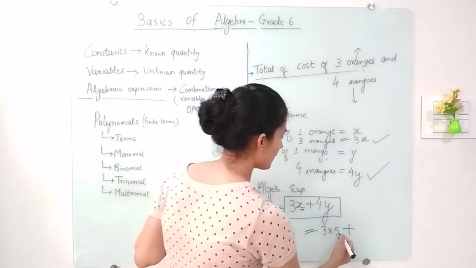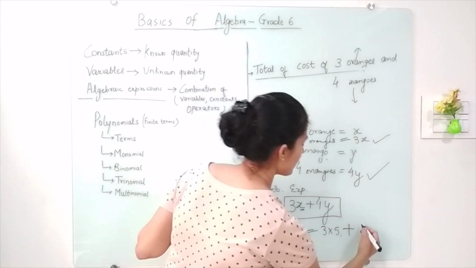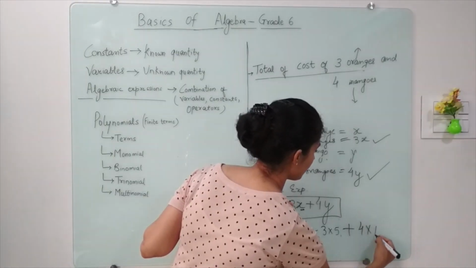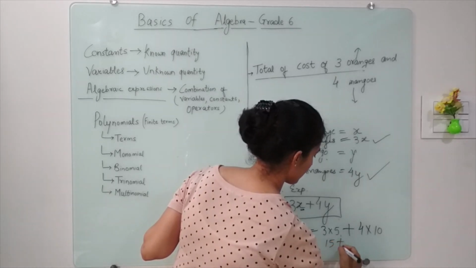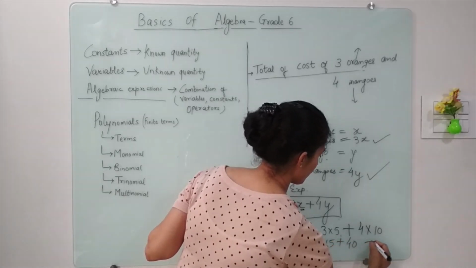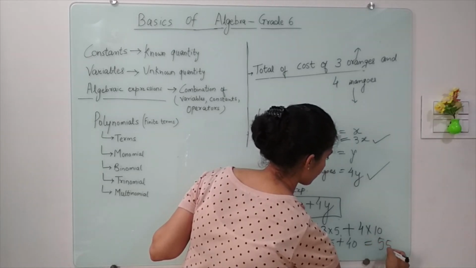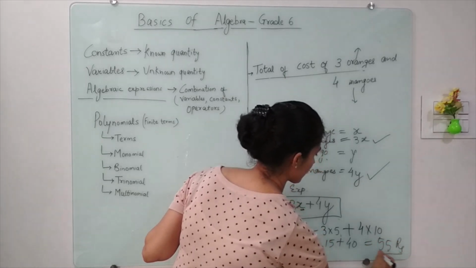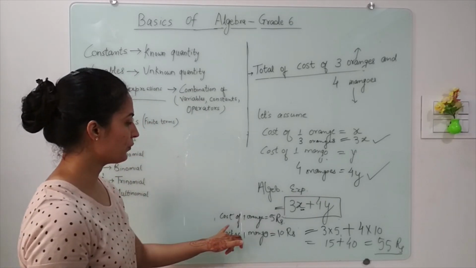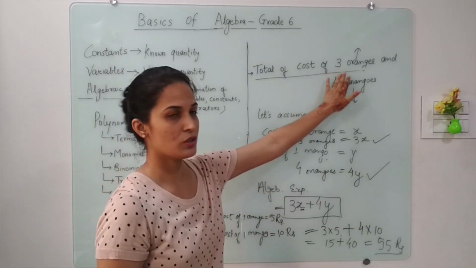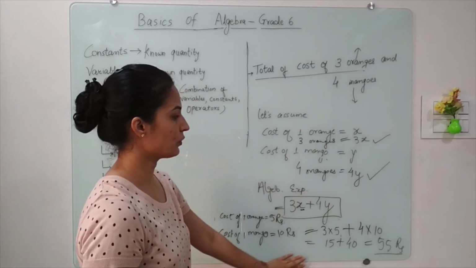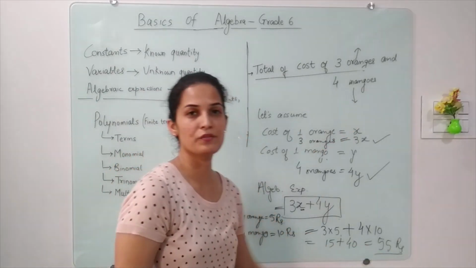So that means 3 multiplied by 5 plus 4 multiplied by 10, which is equal to 15 plus 40, which is equal to 55 rupees. So if I come to know the price of orange and mango, if a person buys 3 oranges and 4 mangoes, then the total cost he has to bear is 55 rupees for that.